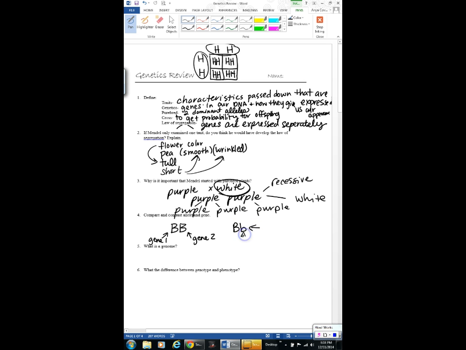This might be for blue eyes, and you're not expressing blue eyes, but the next generation has the opportunity to get blue eyes, just like this next generation was able to have a white flower. Okay, and so the allele is going to be two of these genes, and an allele is going to show if something is homozygous or heterozygous.